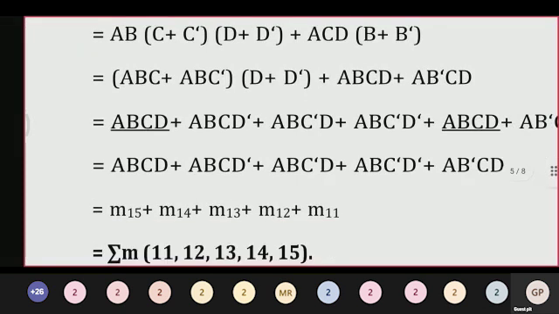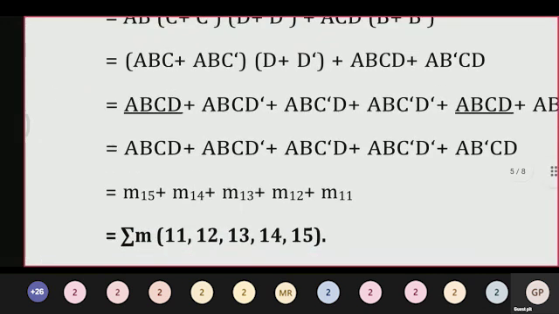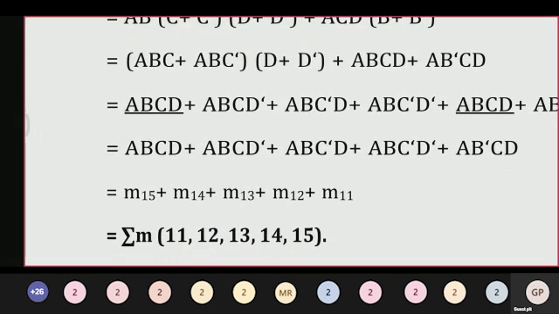That is equal to ABCD plus ABCD bar plus ABC bar D plus ABC bar D bar plus ABCD plus AB bar CD. That is equal to ABCD plus ABCD bar plus ABC bar D plus ABC bar D bar plus AB bar CD.